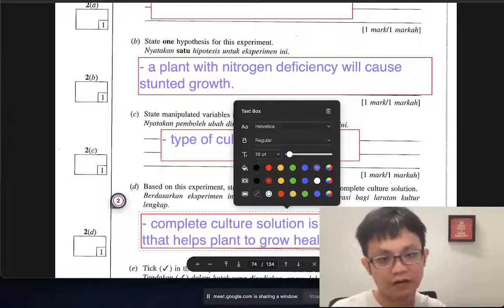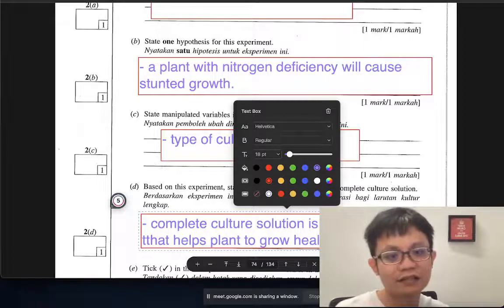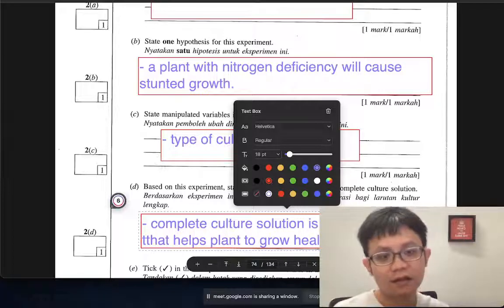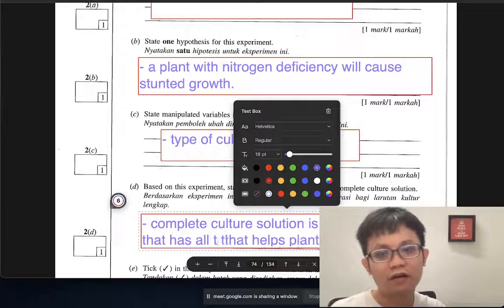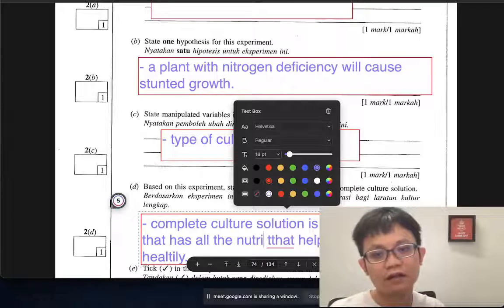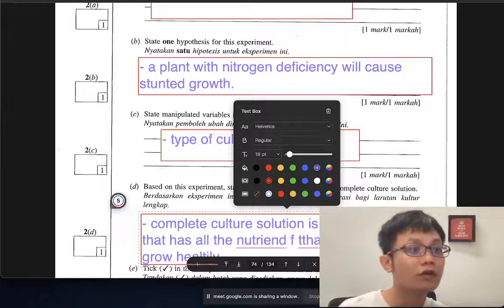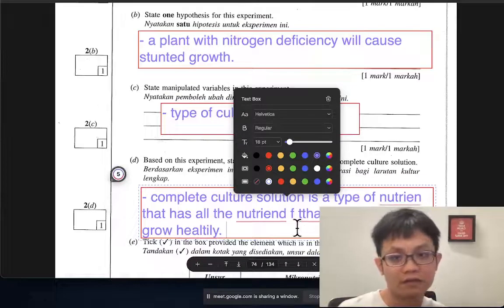Yes, correct. I just improve a bit. Culture solution is a type of nutrient that has all the nutrients that help plant to grow healthily. So it's a better one.